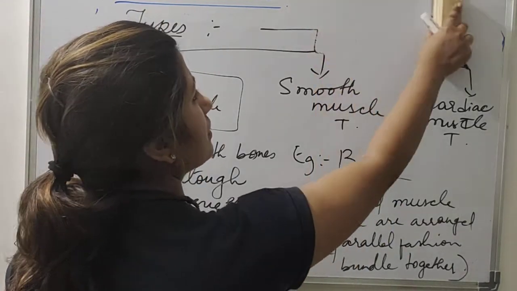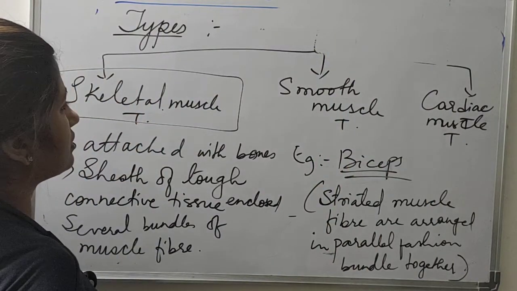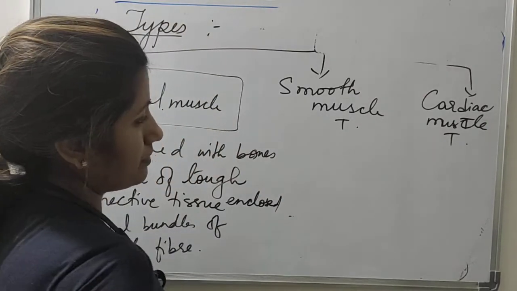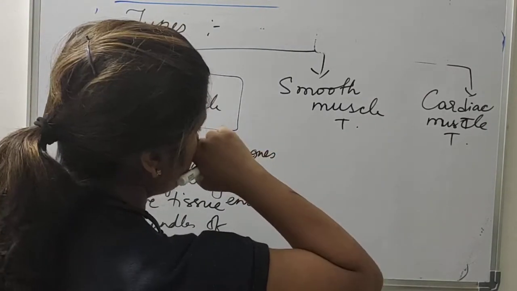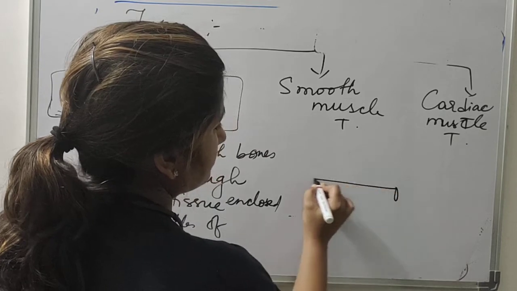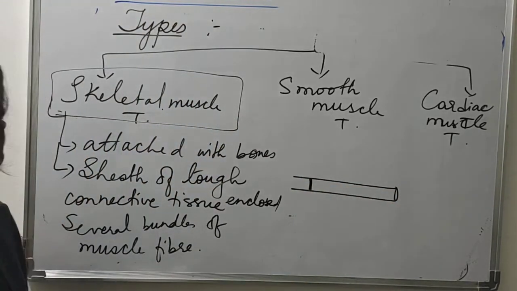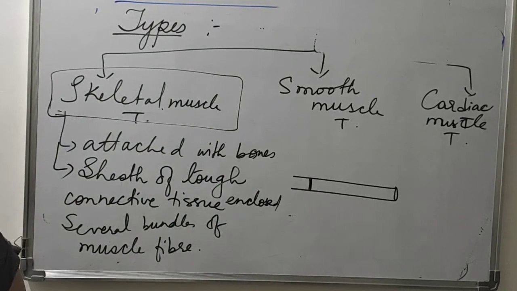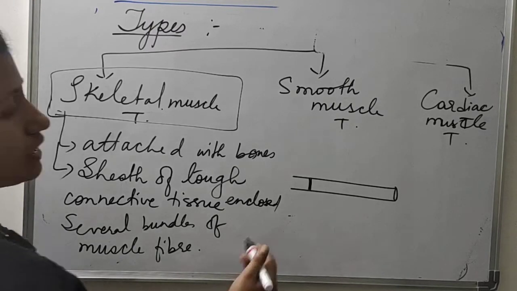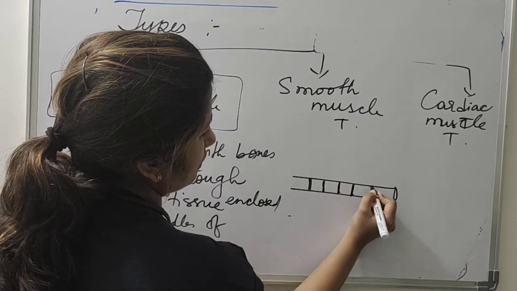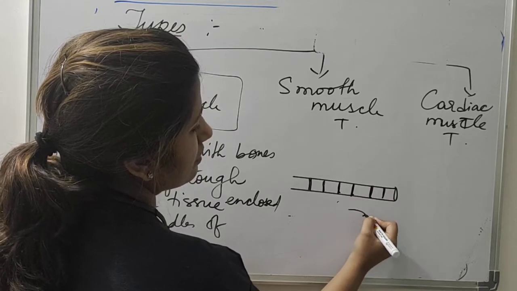Now, why is it called striated muscle? Because skeletal muscle has stripes. Suppose this is a muscle fiber; you can refer to the diagram 7.7 in your textbook to see the striated muscles. In this fiber you will see stripes are present.